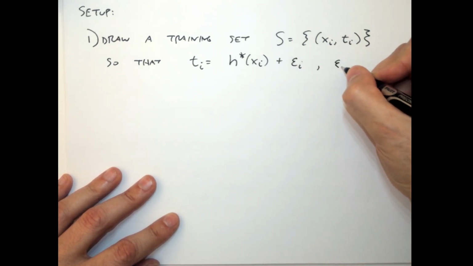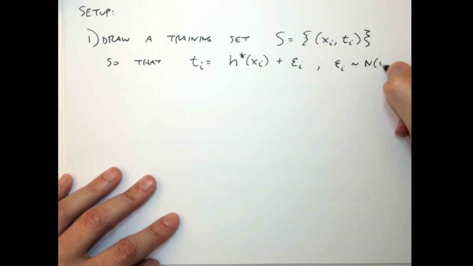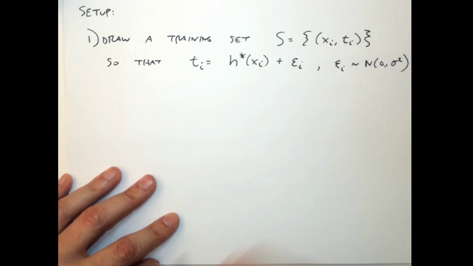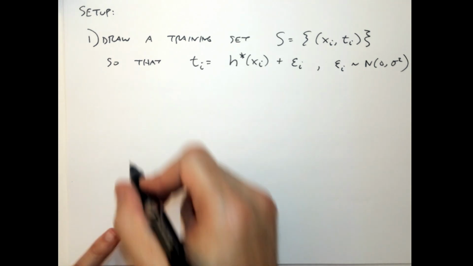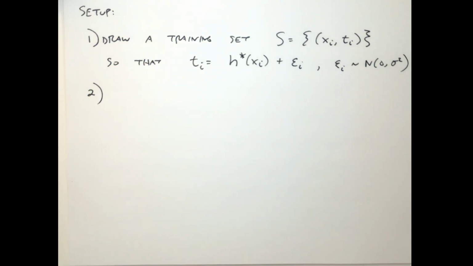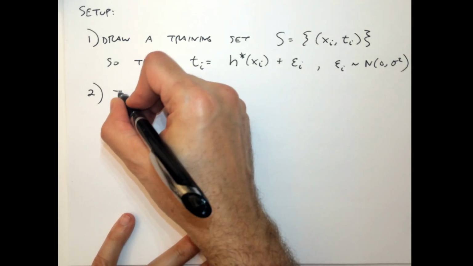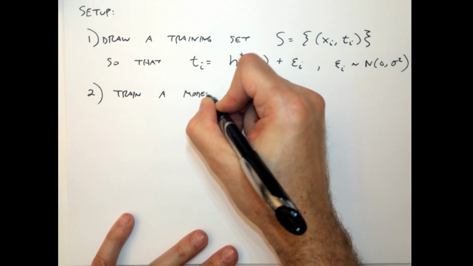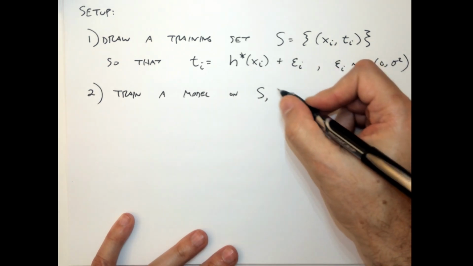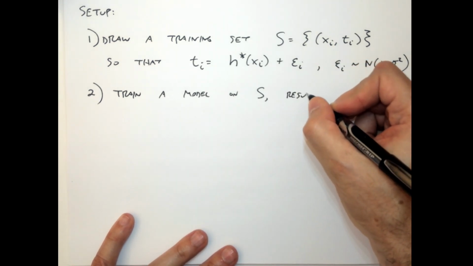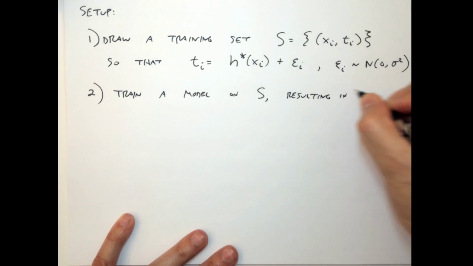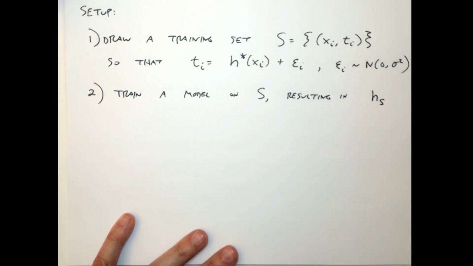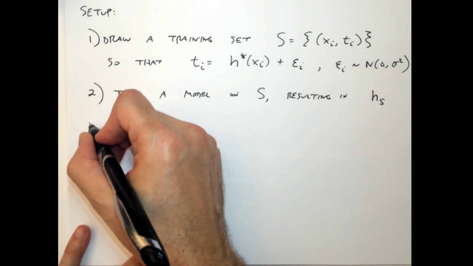And the noise is distributed according to some IID Gaussian distribution, okay? So now I've got my random draw of data, and I'm going to train my model on this set S, resulting in the model for that data, okay?